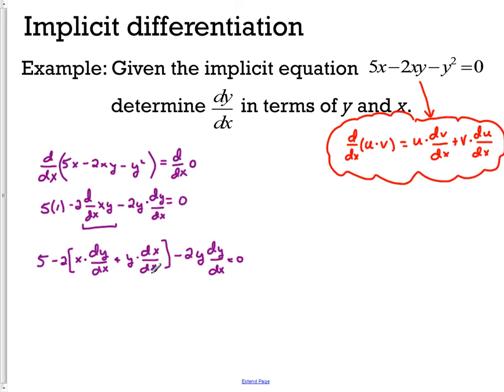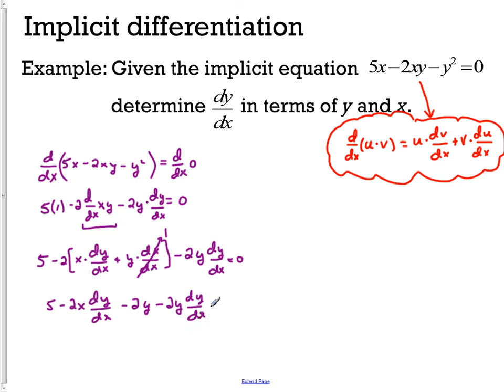Okay, so what I should do really is distribute this negative 2 throughout and reduce this. If I take dx over dx, well, I'm taking the derivative of x with respect to x. I know that just goes to 1, right? Anything divided by itself would be equal to 1, and this is no exception. So I'm taking 5 minus 2x times the derivative of y with respect to x. I'm going to distribute that negative to the next term, so minus 2 times y times 1, minus 2y times dy dx equals 0.